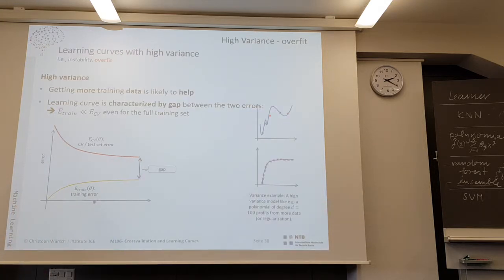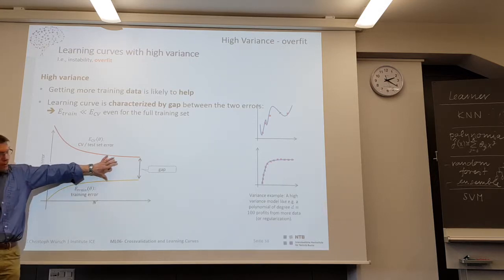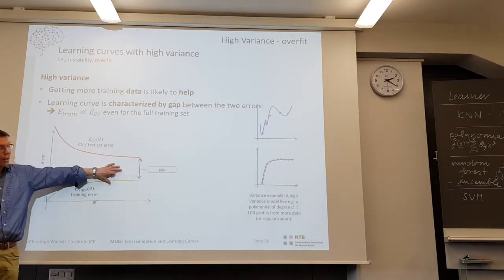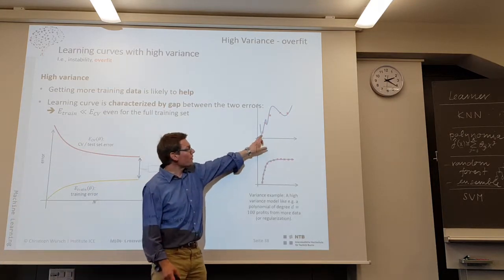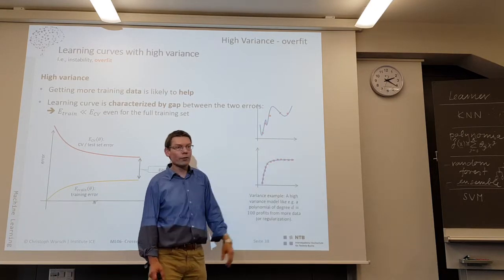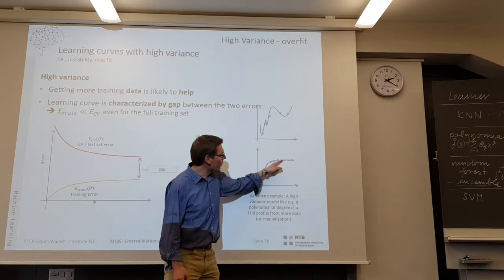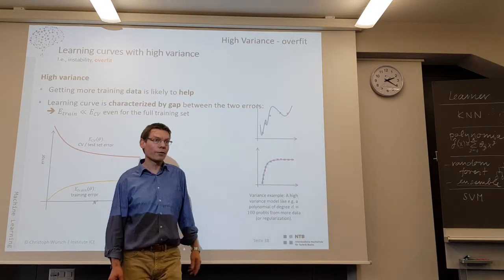Okay, and now we have the problem of overfitting, which we can control, which we'll see by regularization. Overfitting manifests itself by this big gap. It means our estimation of the model looks like this wiggly curve, but the real data set is actually more or less on that curve.